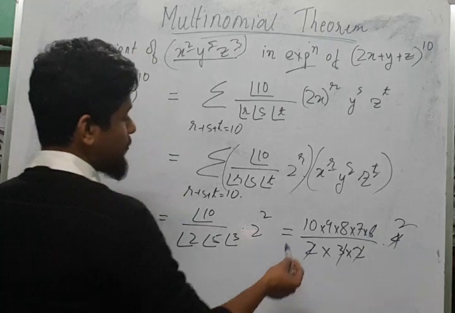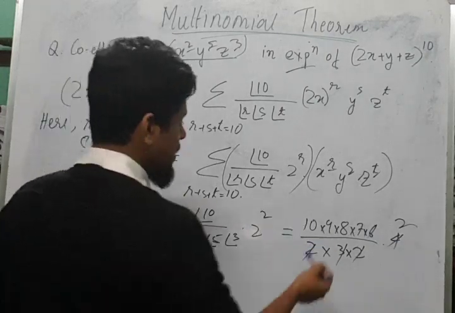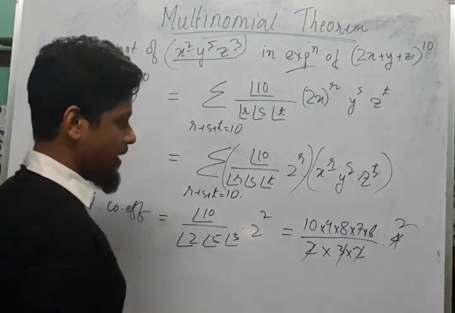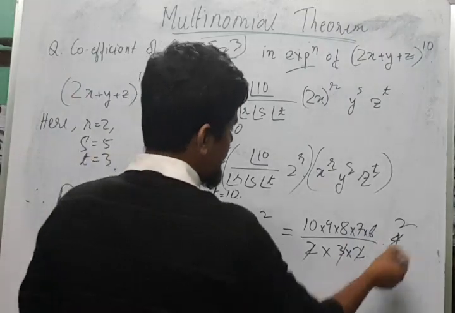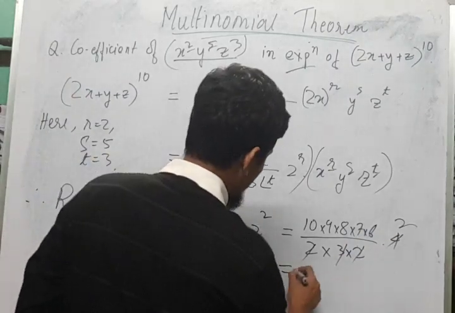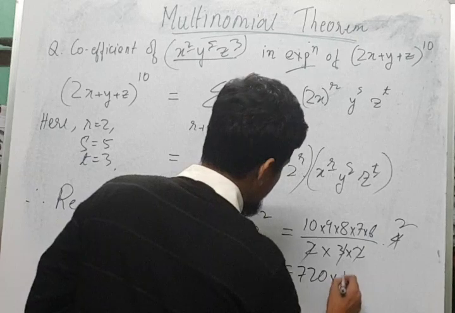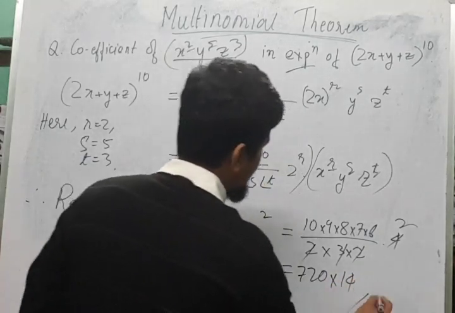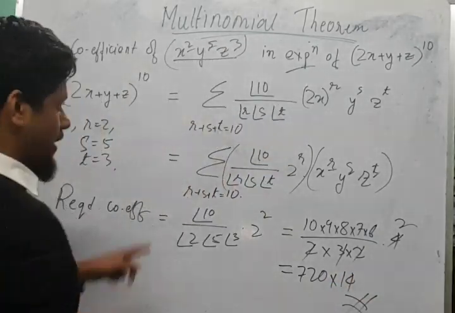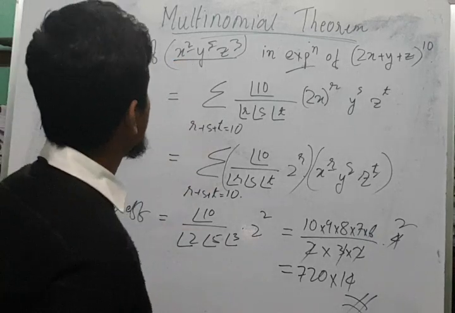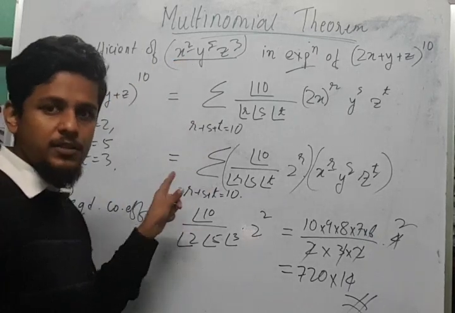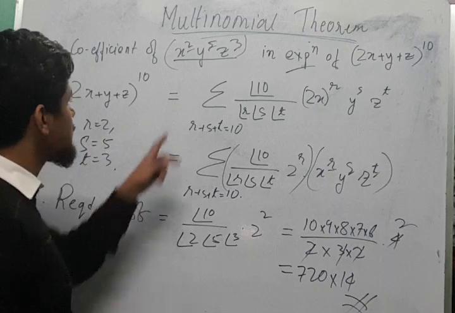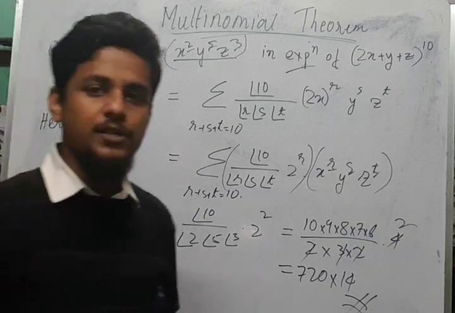So this will ultimately be equal to 10 into 9, which is 90, 90 into 8, which is 720, and 720 into 14 is what we're looking for. You need to solve this, and finally you will get the answer for the coefficient of x square, y to the power 5 and z cube. This is the way in which you approach problems on the multinomial theorem.